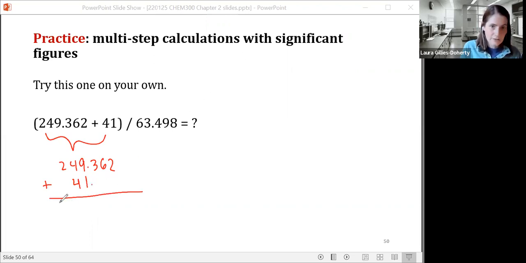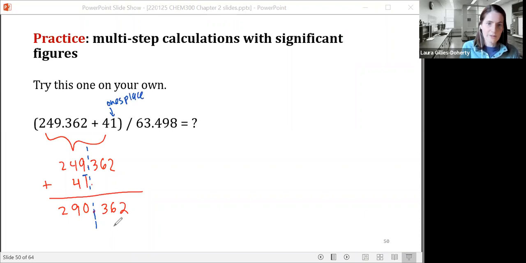And I get 290.362. But this is addition, so we've got to cut it off here in the ones place, because that's where 41 ends. The ones place. So this 0 in 290 is our last sig fig.